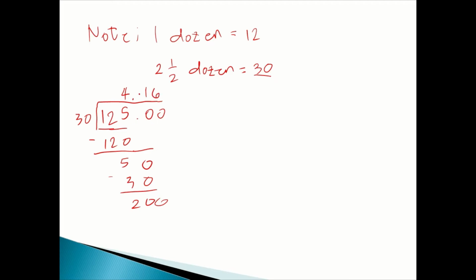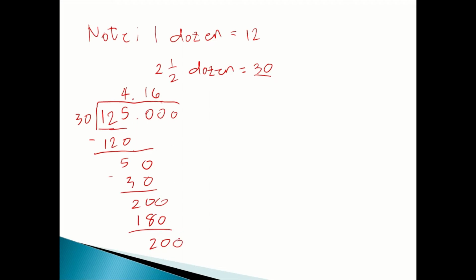6 is the closest one. 6 times 30 is equal to 180. As we subtract, that's 20 again. We can still add 0 here because it is still equal to 125, even though you add more 0s on the right side of the decimal place.